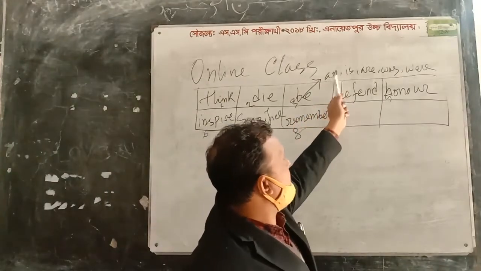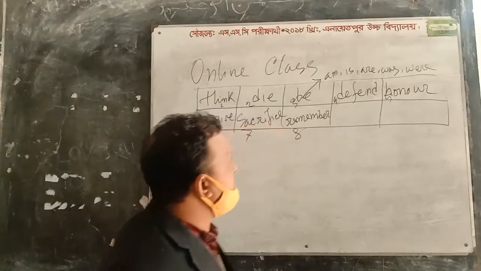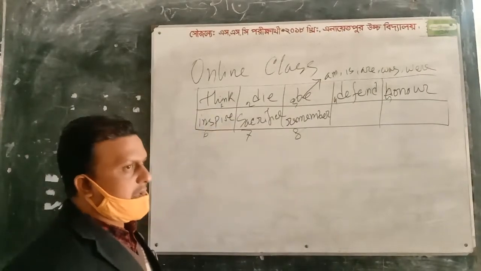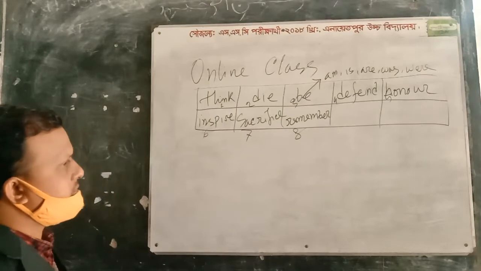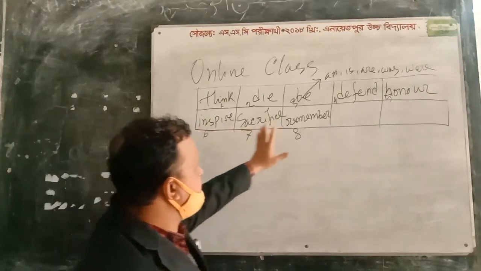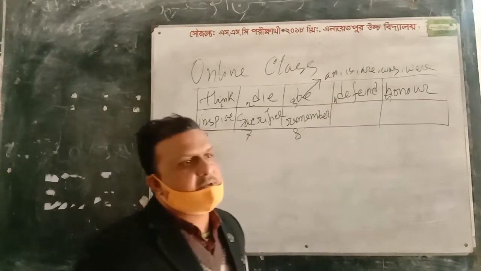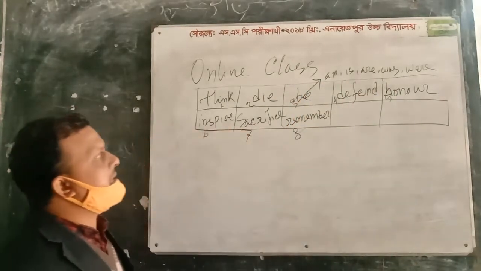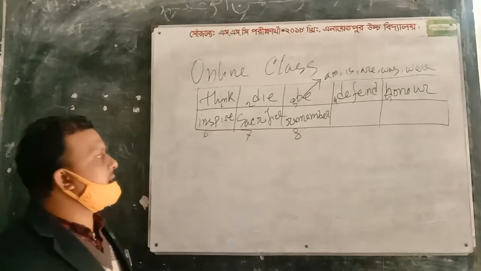You can use the be verb more than once. So here there are 8 verbs, but be stands for am, is, are, was, were, so 5 verbs. You can use any be verb, one or more.